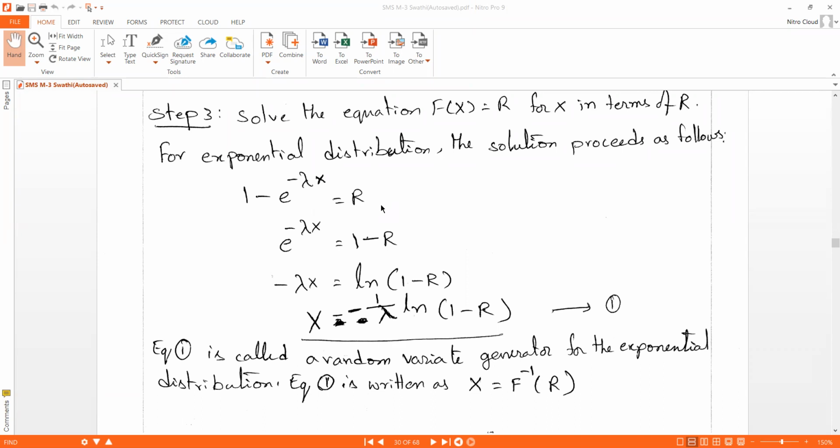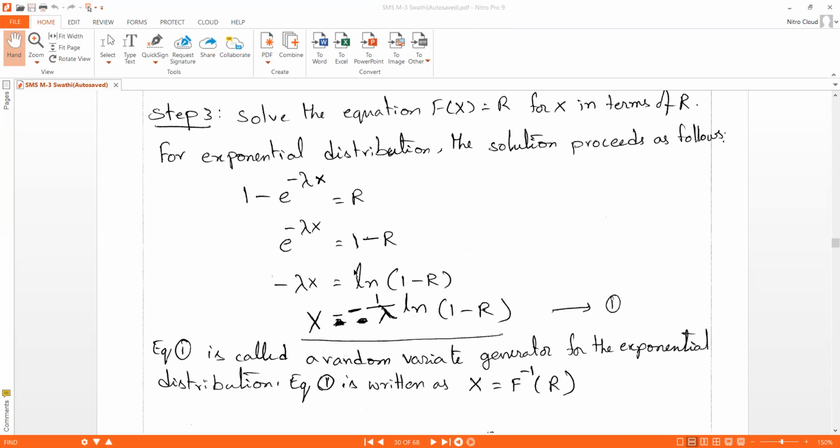Here 1 is added to minus e power minus lambda x. If we send that 1 to this side, it will be subtracted, so e power minus lambda x is equal to 1 minus r.